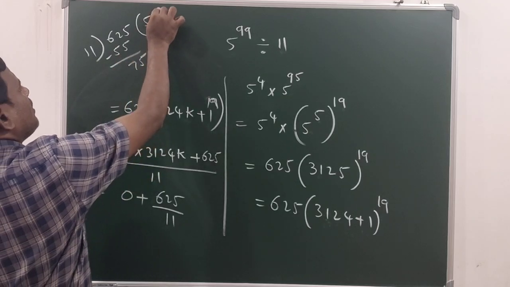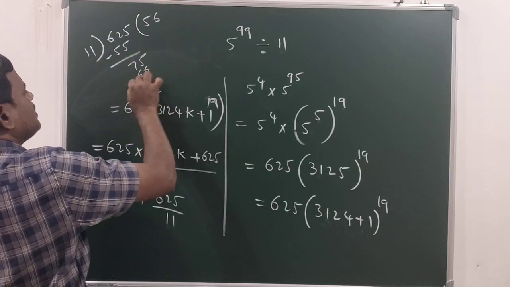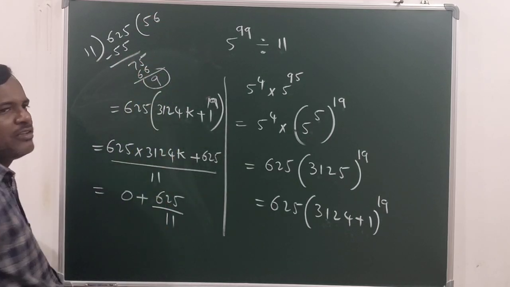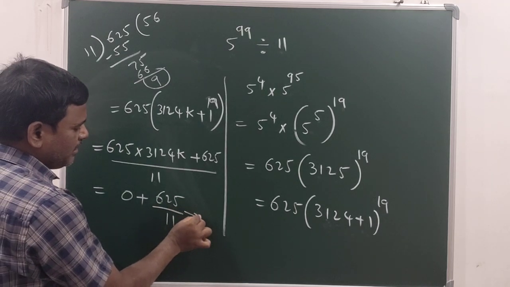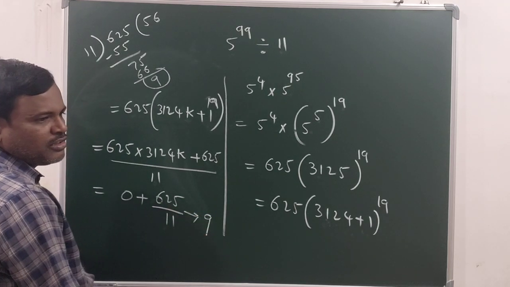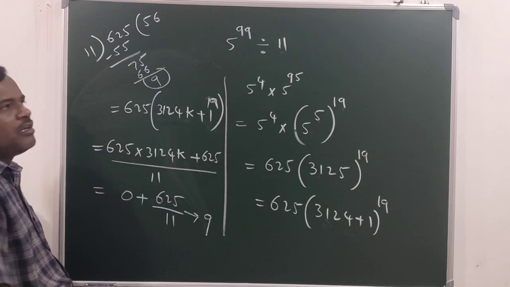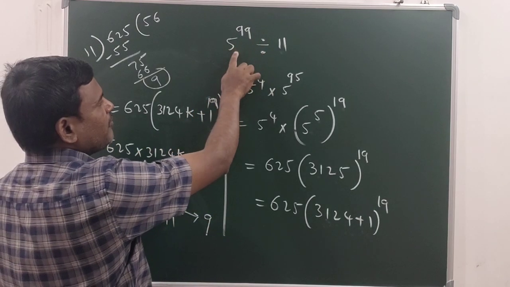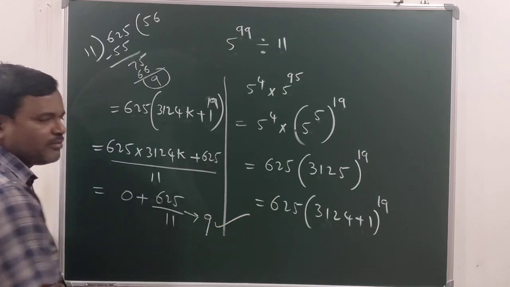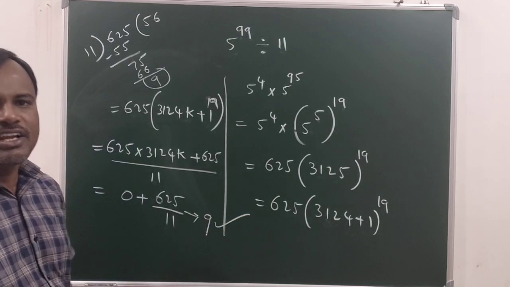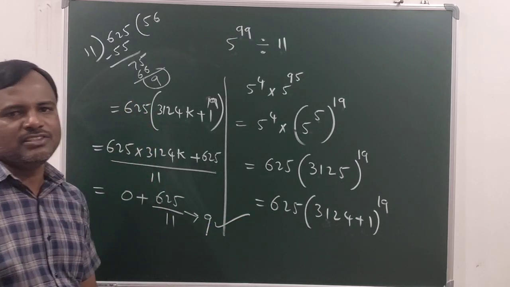Bring down 5. 11 6s are 66, remainder is 9. So on dividing 625 by 11 you are getting remainder 9. Hence, the remainder when 5 power 99 is divided by 11 is 9. 9 is the required remainder in this division.